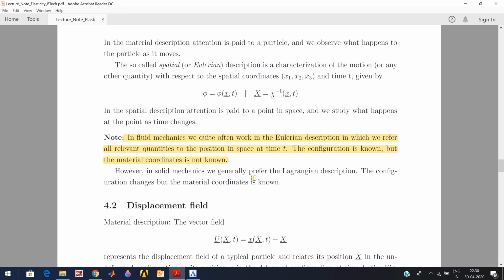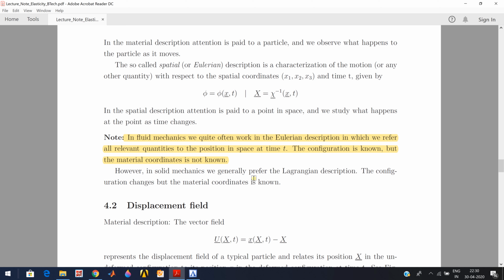So the focus is on the position or spatial coordinate, not the material points. The fluid particles can come from anywhere, from any reservoir, and we are not focusing on particular material points. So in fluid mechanics, the spatial description is often used, and here your focus is on the control volume, not on the particles.